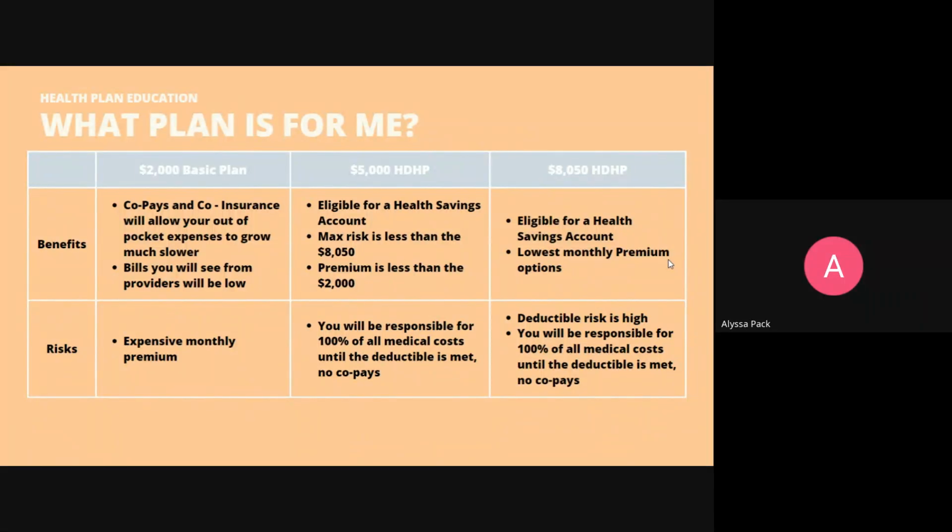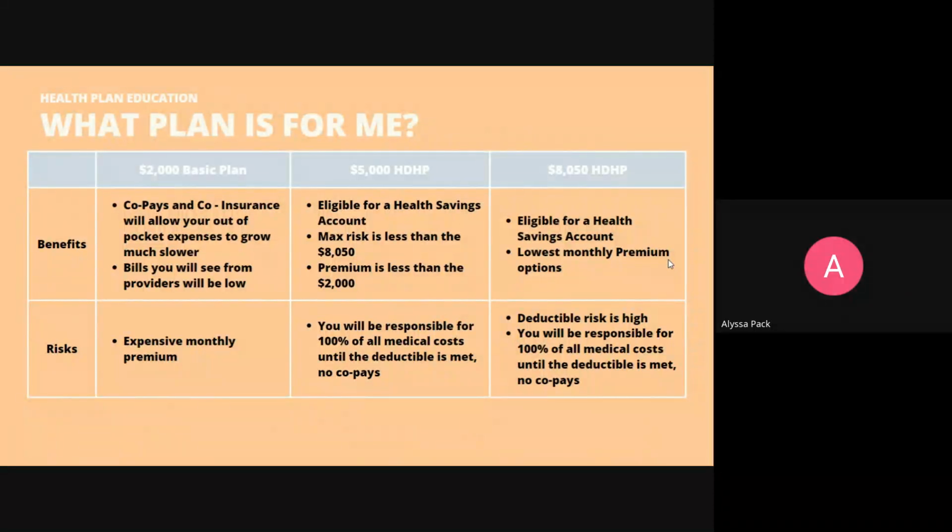Wow, versus with our high deductible plans, right, you're going to see a multi-$100 bill because you'll be paying that full cost. The bills you'll see from providers will never be as much as these other high deductibles. So your savings each year, you'll have to be a little bit less concerned about. The risk of it is it's an expensive monthly premium, right? You're going to see that money come out of your paycheck.